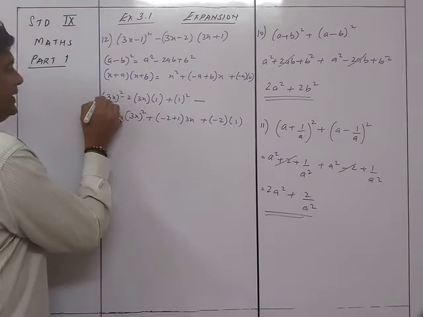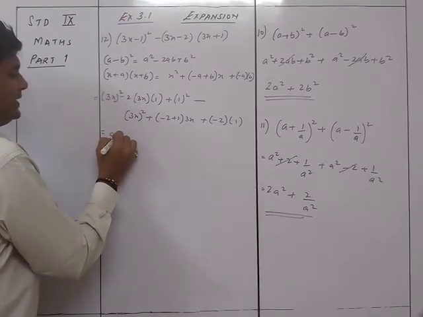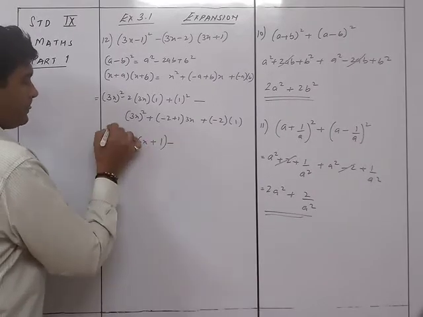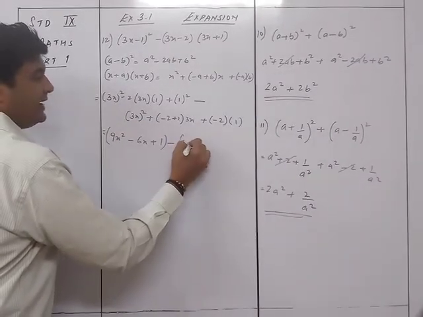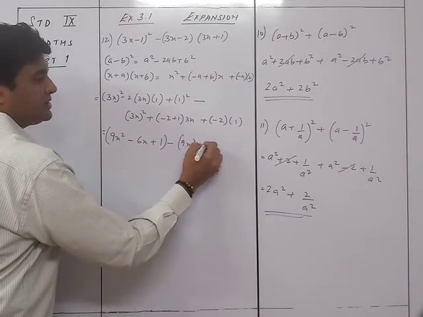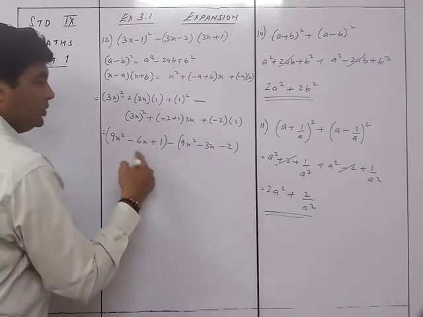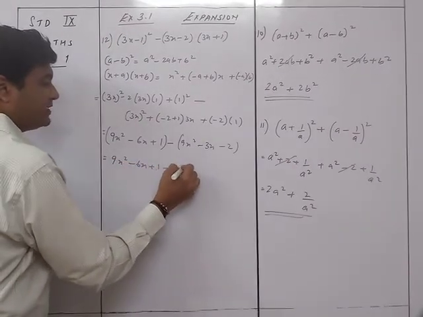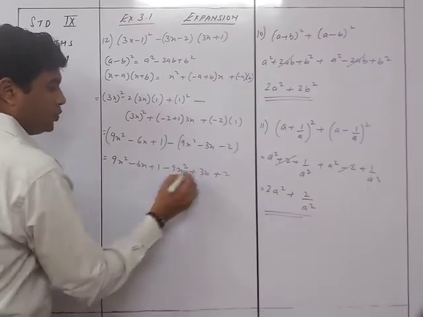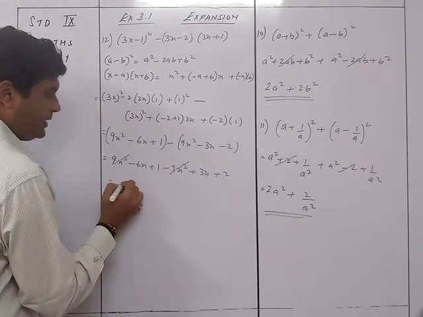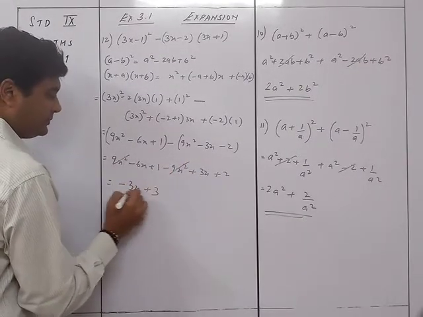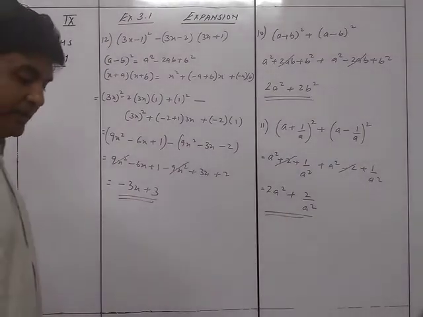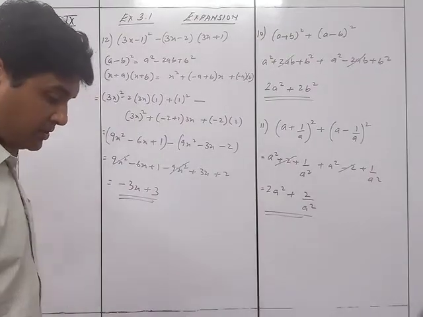So this gives you as 9x square minus 6x plus 1 minus, this is 9x square, this is minus 3x minus 2. So now opening the bracket we get 9x square minus 6x plus 1 minus 9x square plus 3x plus 2. So this gets cancelled, so answer will be minus 3x plus 3. That was sum number 12. We now move on to sum number 13.